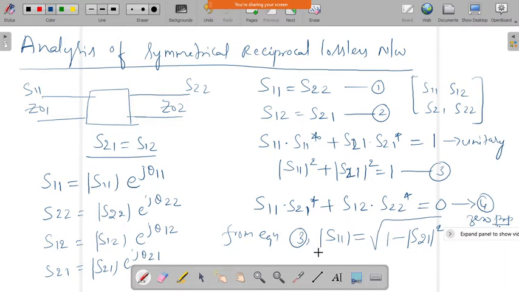This was about the magnitude, and we can also find the phase. Let us take the zero property given here and solve that equation for the phase.